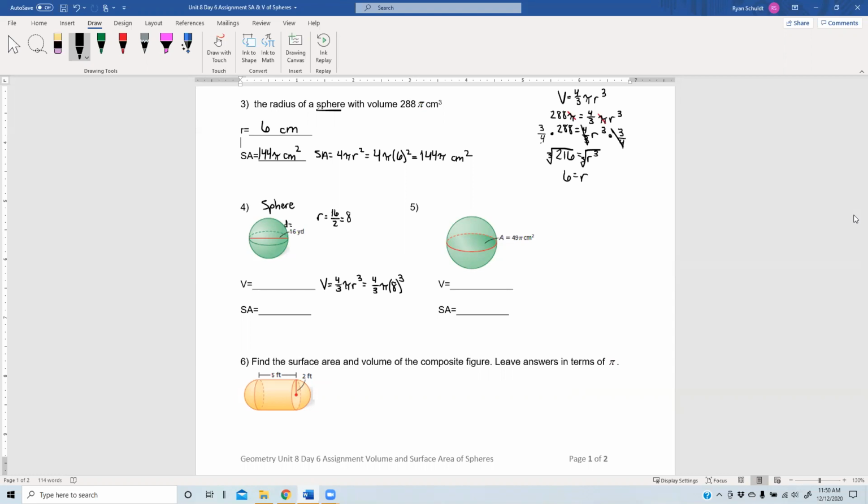And you'll get another lovely fraction. Don't you just love fractions? 2048 over 3. And then we're going to have pi yards cubed.